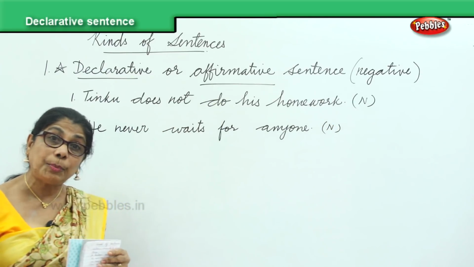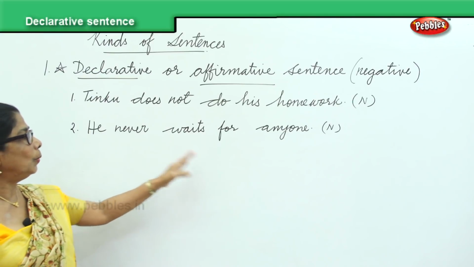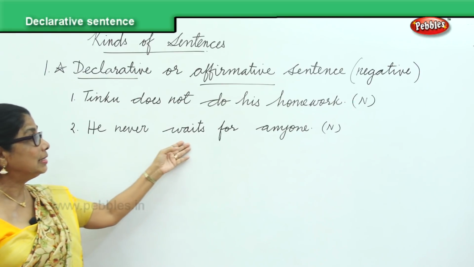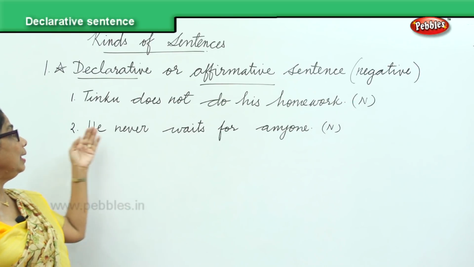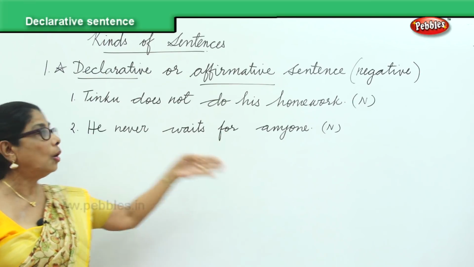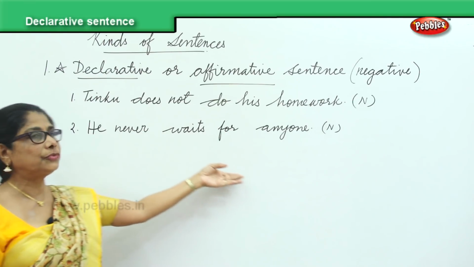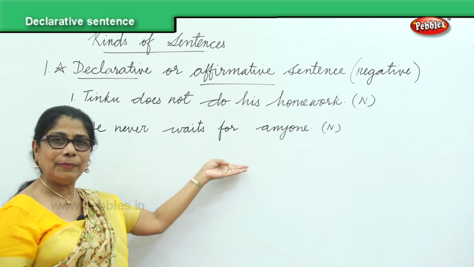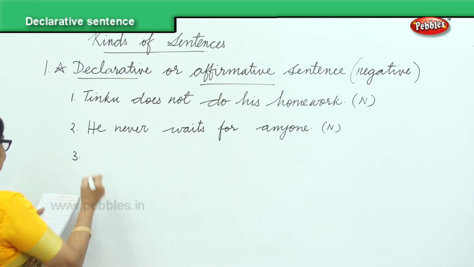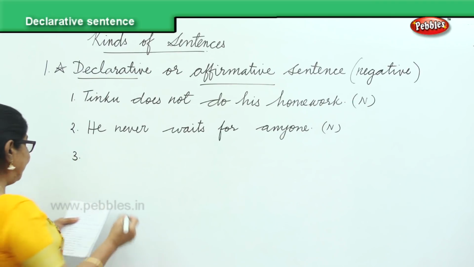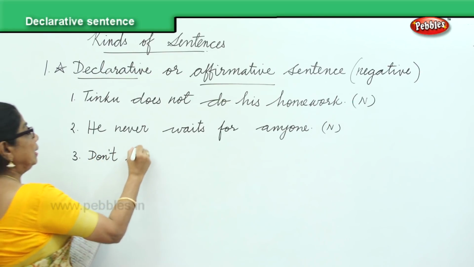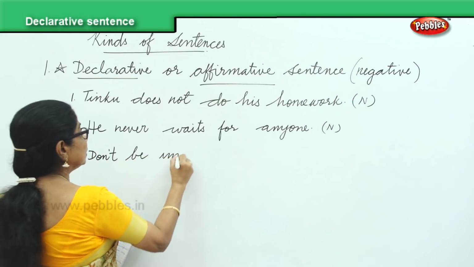Let us change it to positive. He never waits for anyone. You can say, he always waits for anyone. Or he often waits for anyone. He waits for anyone. So that becomes positive. Another one, sentence, don't be impatient.